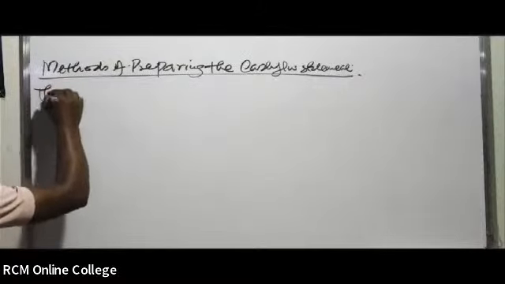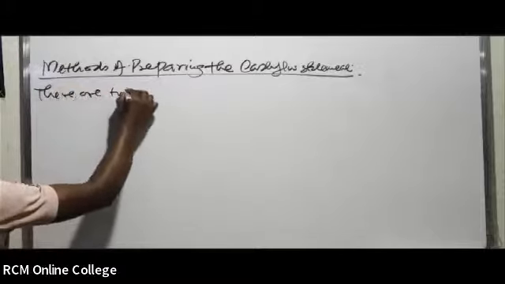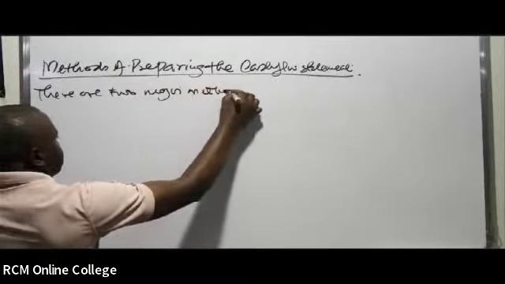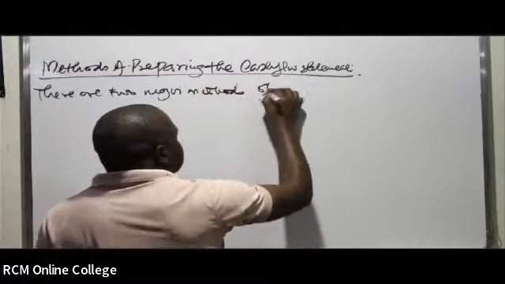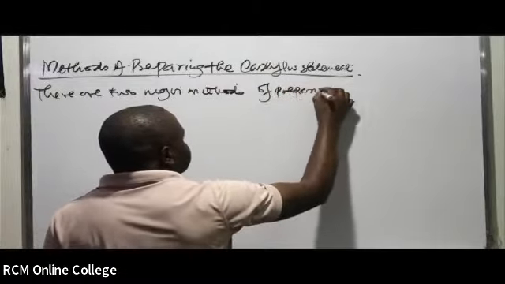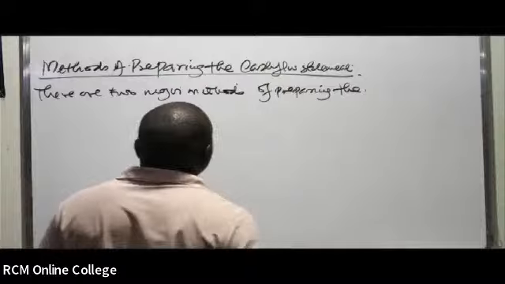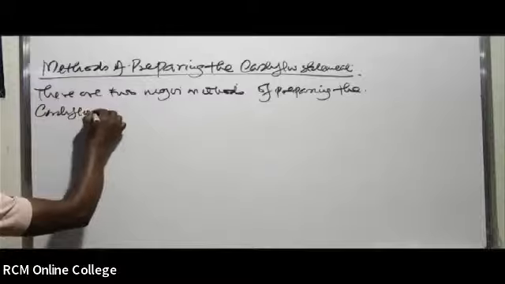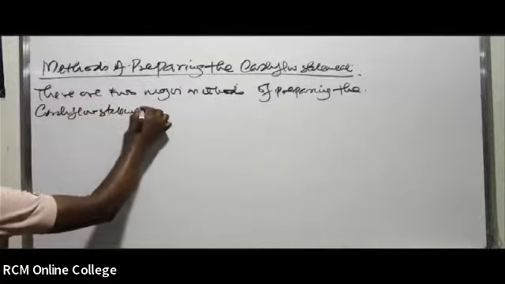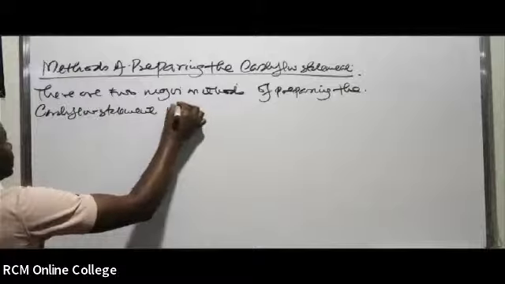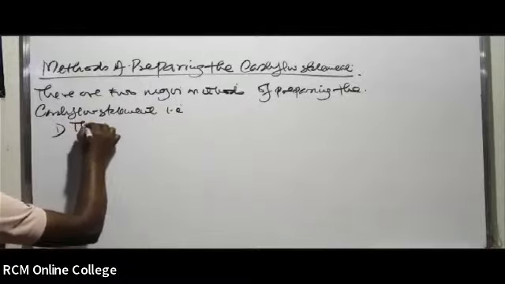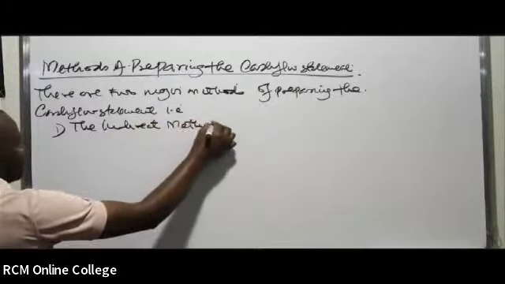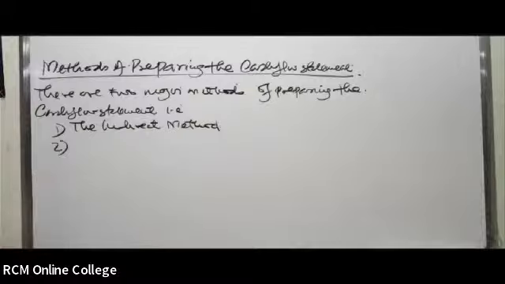There are two major methods of preparing the cash flow statement, i.e., number one, the indirect method; number two, the direct method.